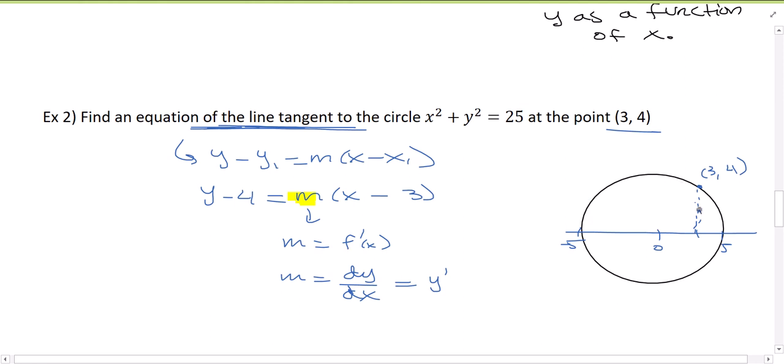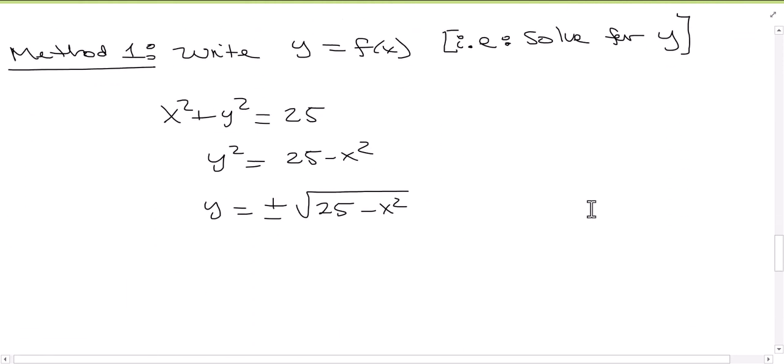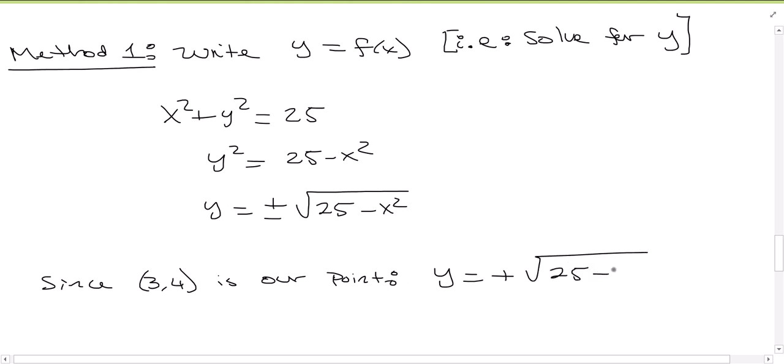So I'm looking at the top half of the circle. And because of symmetry, there's also another point over here, right? The point (3, negative 4). But this is the point (3, 4), so I'm looking at the top half of the circle. So since using the point (3, 4) is our point, that means y is going to be the positive square root of 25 minus x squared.